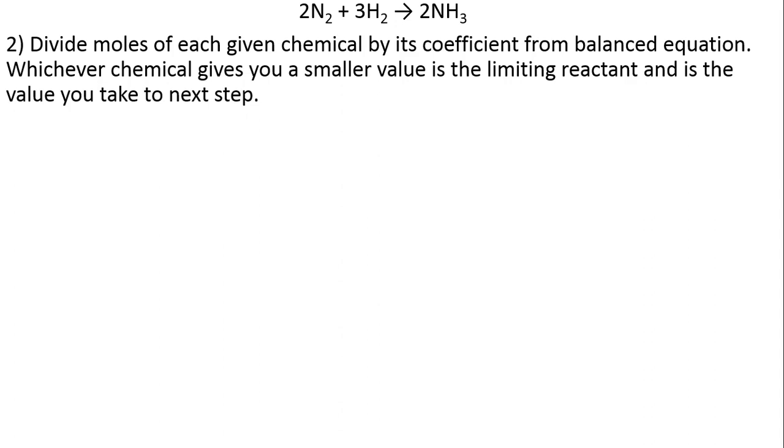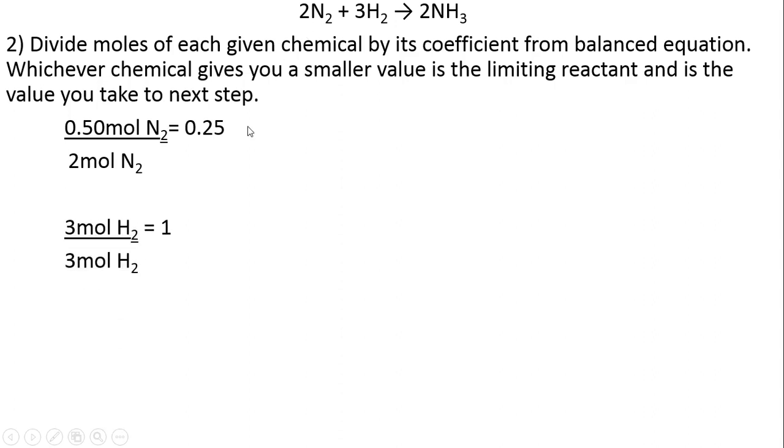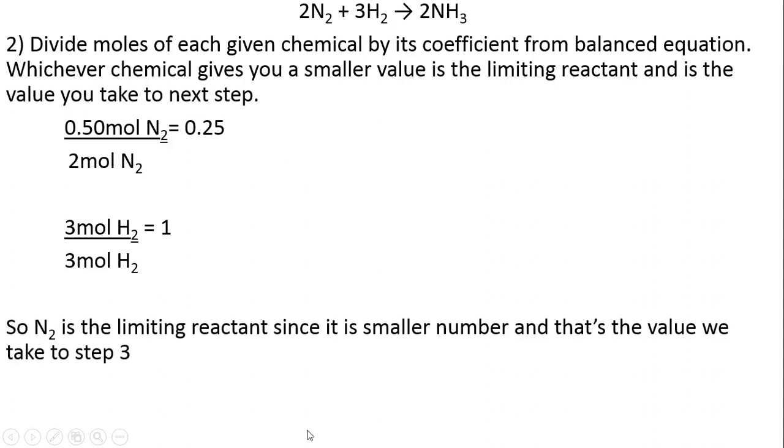Our coefficients are 1 for nitrogen and 3 for hydrogen. So 0.5 moles divided by the coefficient from the balanced equation gives us 0.5, and 3 divided by 3 gives us 1. Which one of these is smaller? 0.25, so that's the one we're going to take to step 3.